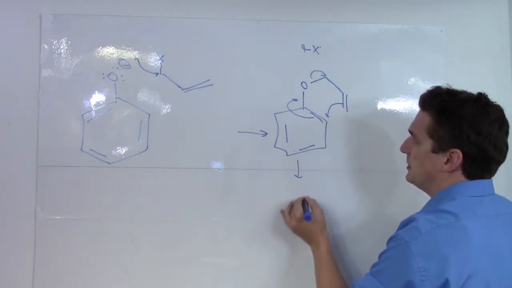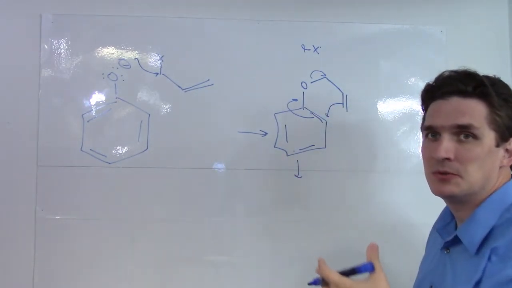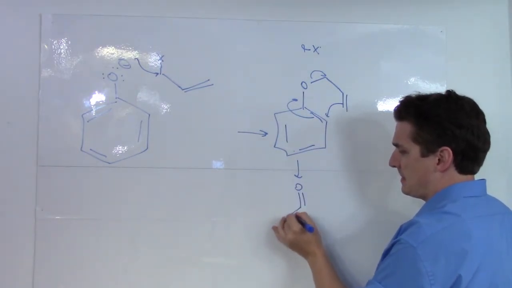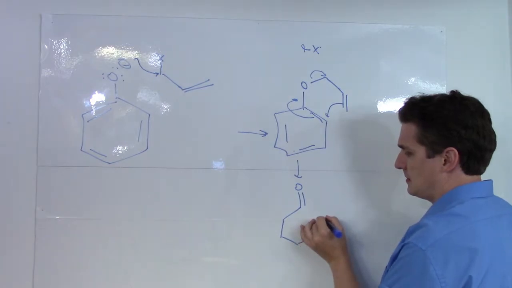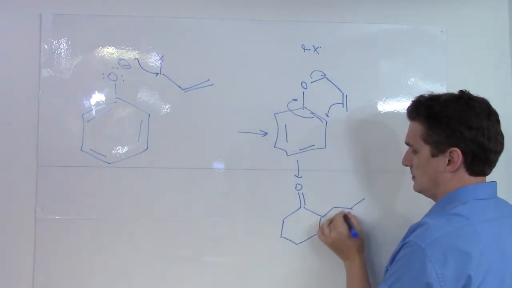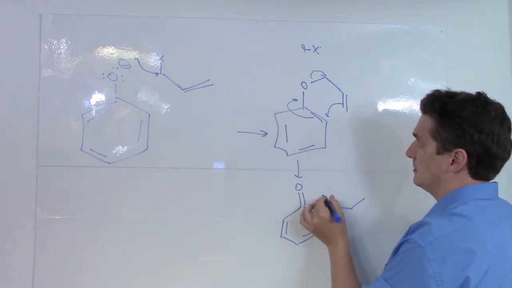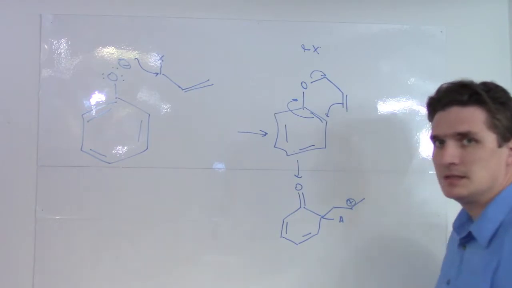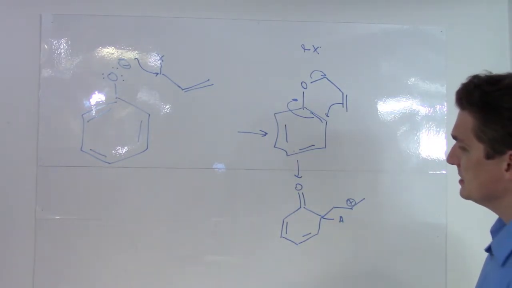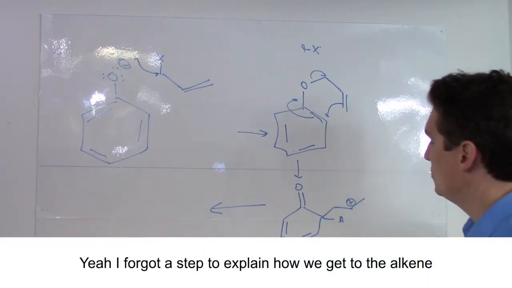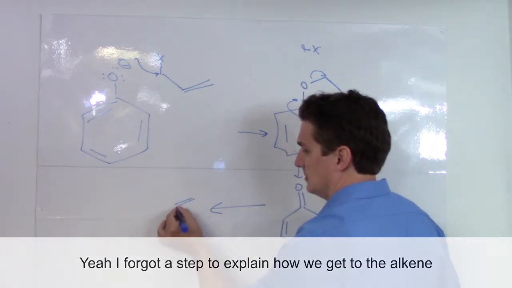And when we get this rearrangement, and we're going here through a six-membered ring intermediate, is this complex here. Now, subsequently, we will get rearrangement of this intermediate to form a terminal alkene.